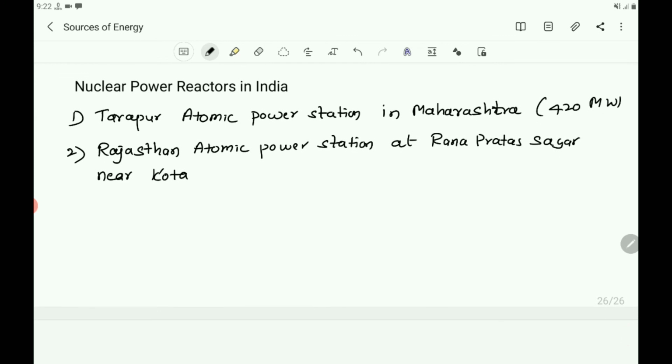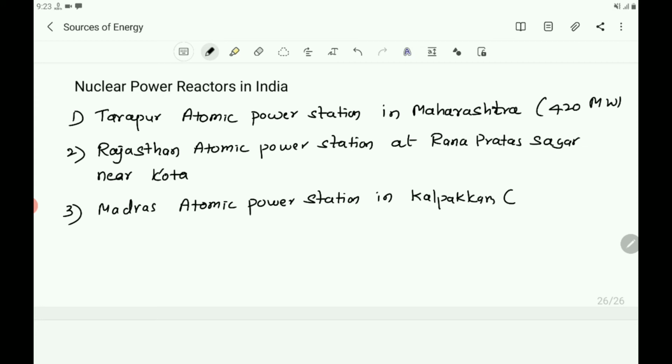And third one, Madras Atomic Power Station at Kalpakam. You write at Kalpakam, or you write the name Madras Atomic Power Station in Kalpakam.